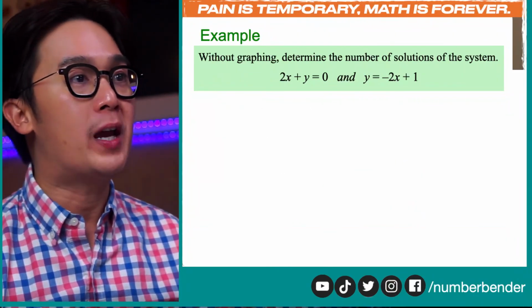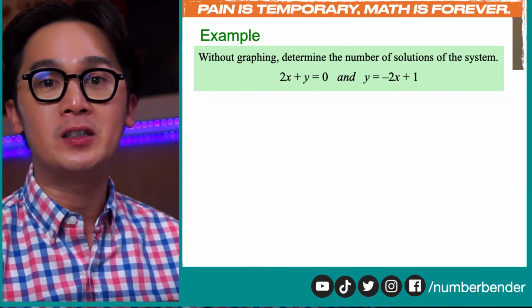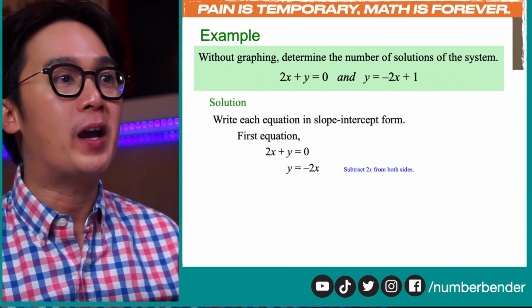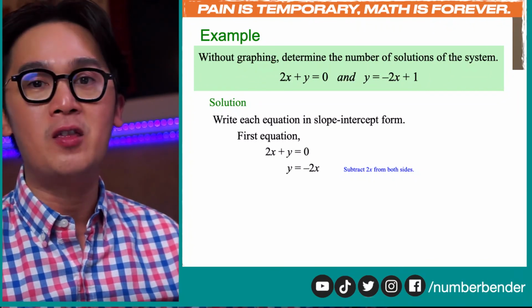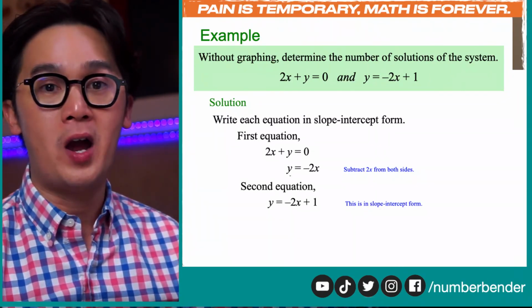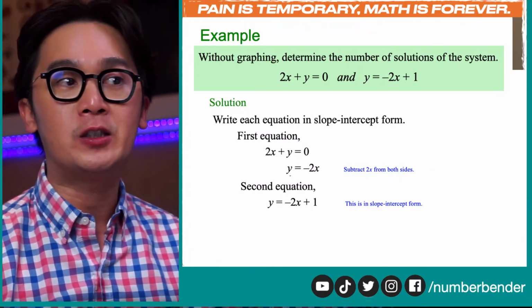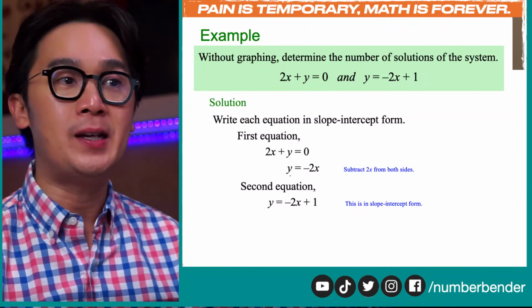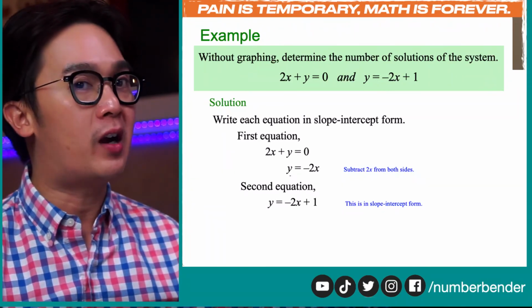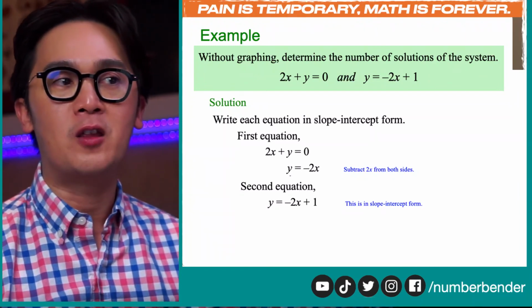And if we have 2x plus y is equal to 0 and y equals negative 2x plus 1, changing it in the slope-intercept form, we'll have y is equal to negative 2x, and the other one is going to be y is equal to negative 2x plus 1. And the slopes of line 1 and line 2 are identical, but the y-intercepts are not the same. The y-intercept of the first line is at 0, the other one is at 1.